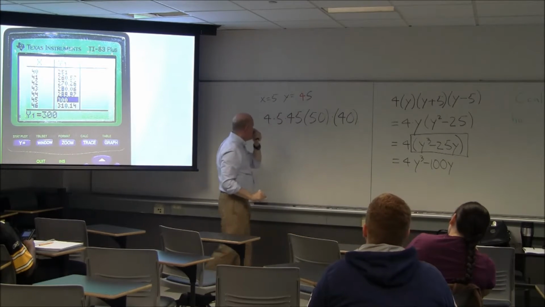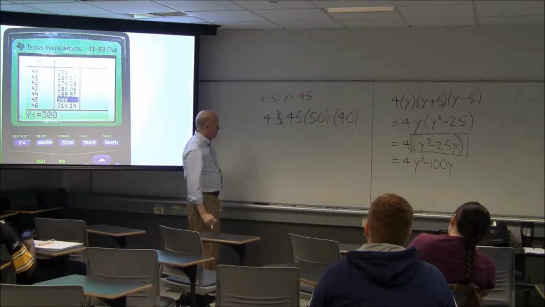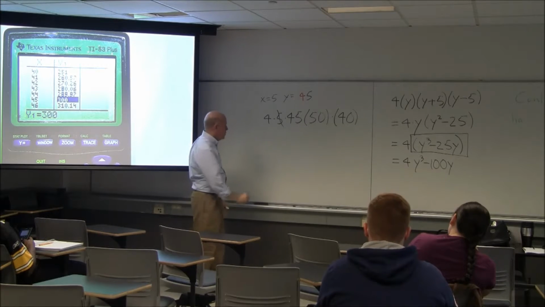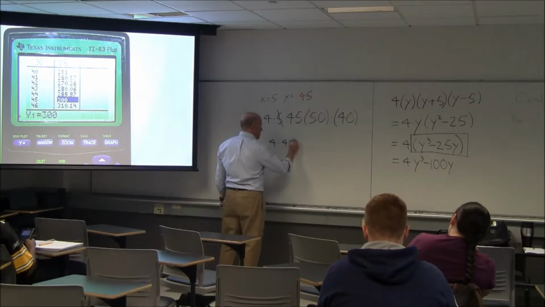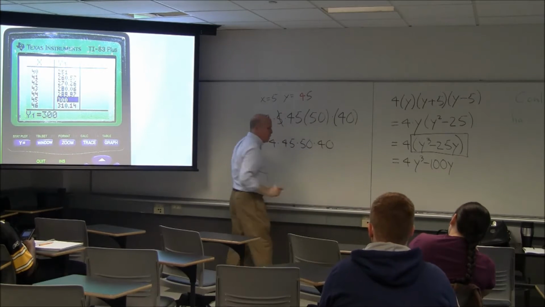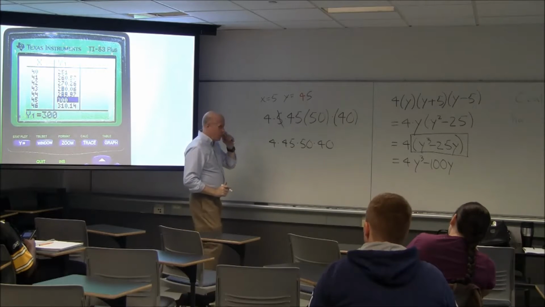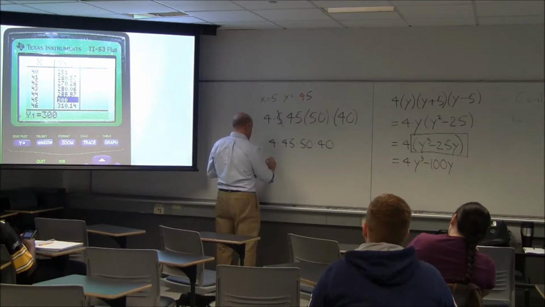And that, 45 times 40 times 50 times 4, is a square, according to what we just worked out. Is it a square? Well, by calculator we can certainly figure this out, but let me do it by hand.